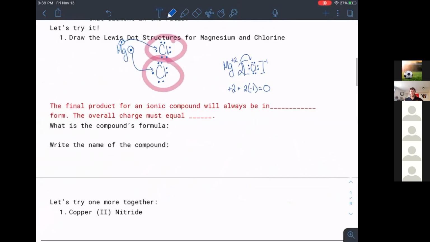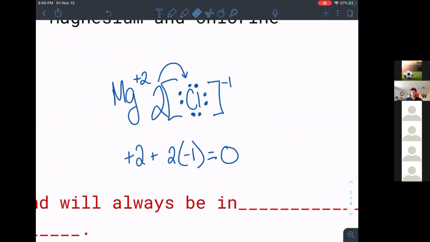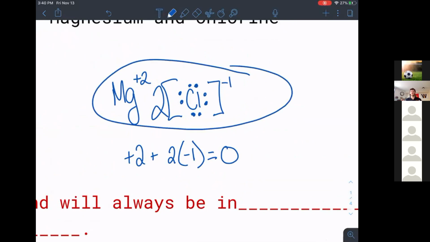All right, so then we have to do our final product for the ionic compound. When we draw it, it will always be in what form? What's it called when I put a charge on my atom, on my element?